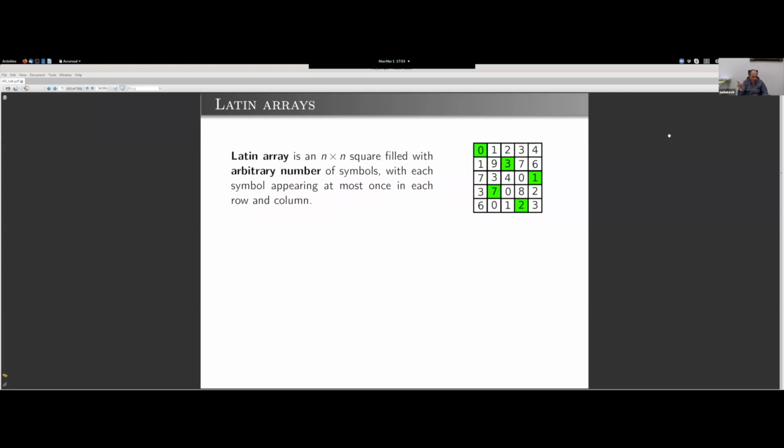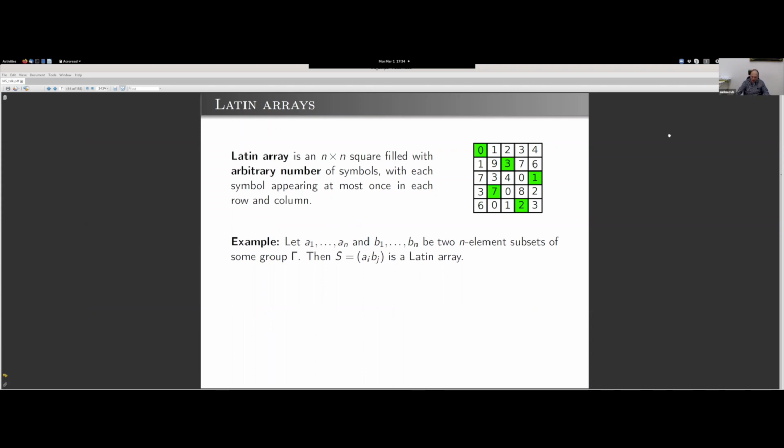For example, you can get a lot of examples of Latin arrays if you take an arbitrary group, two sets of n elements, and take the multiplication table of products between them. Obviously, you get a Latin array, all rows and columns will contain different symbols, but you might have more than n symbols.